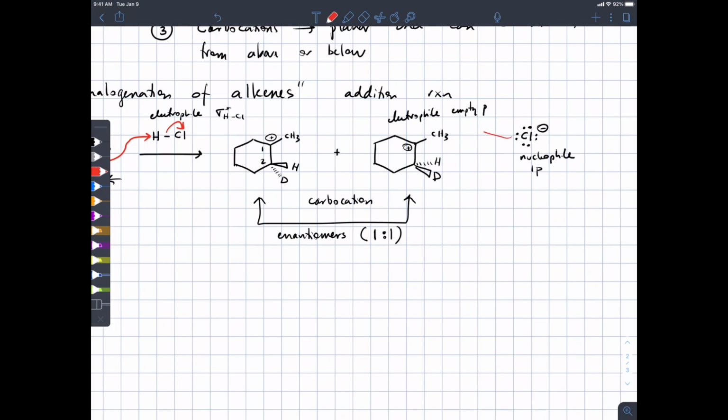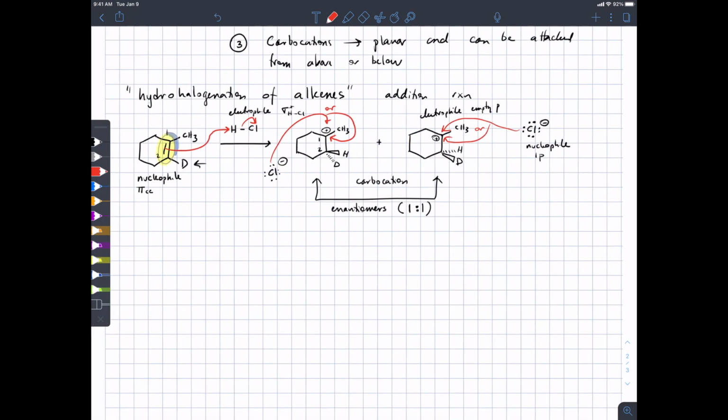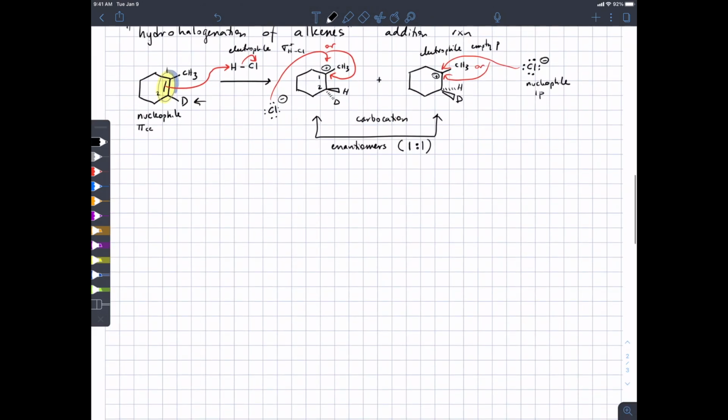So chlorine can attack from above or below either of those two enantiomers. And the enantiomers have identical chemical and physical properties, so they have to be attacked at the same rate. Okay? Let's draw the products that would come from that.